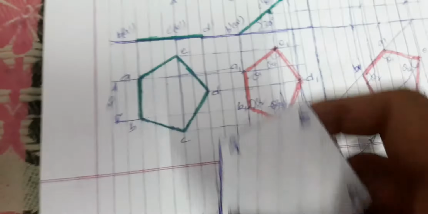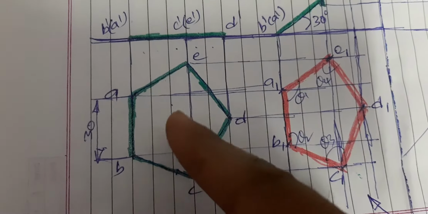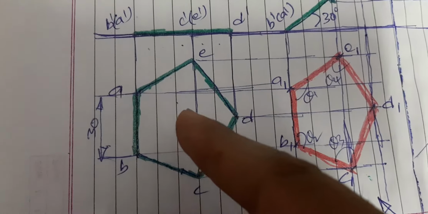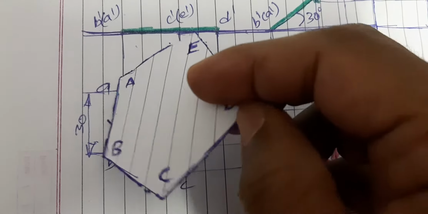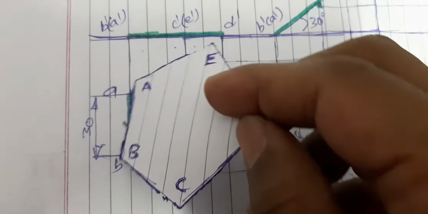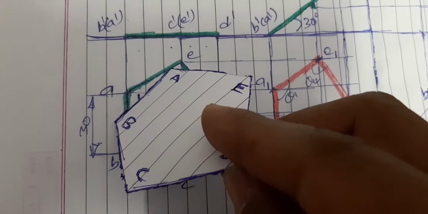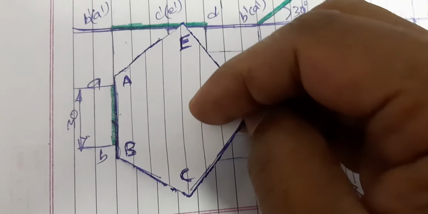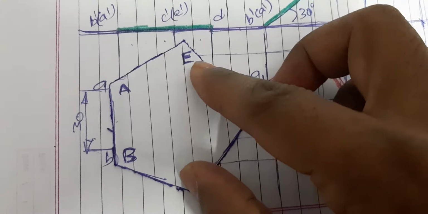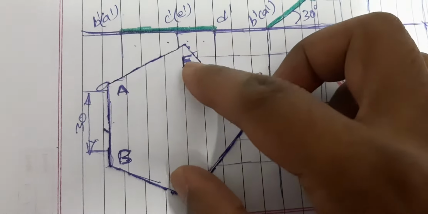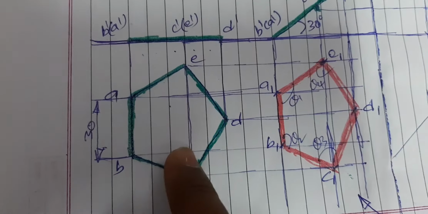So that we need to draw like this. Let me repeat the position of the plane. It is placed like this. In such a position we need to go one step back and after that one more step back. So when it is placed like this, we are going to get the pentagon like this.